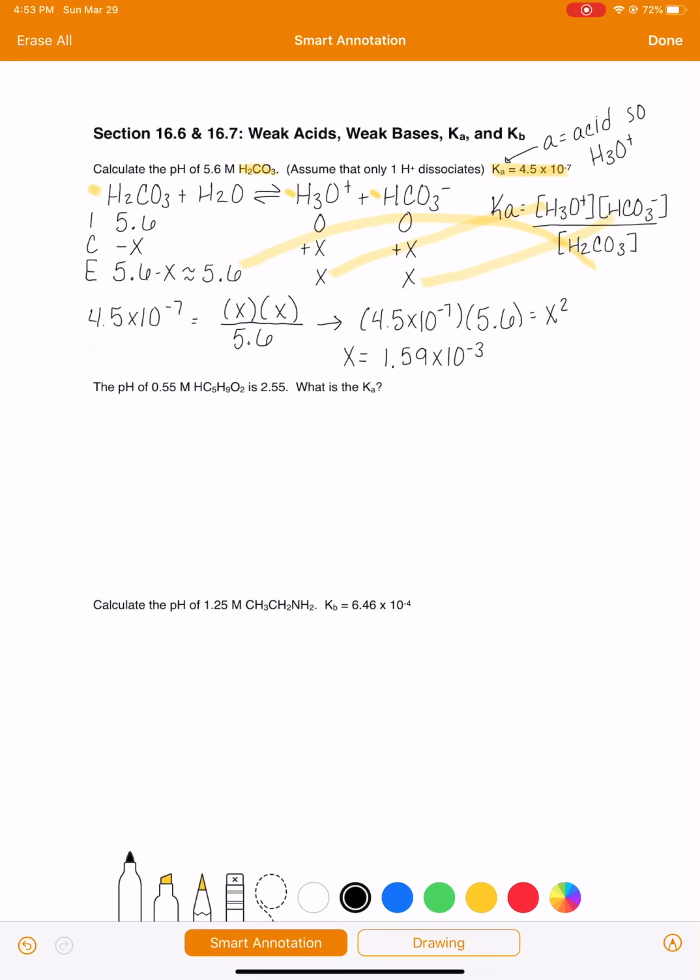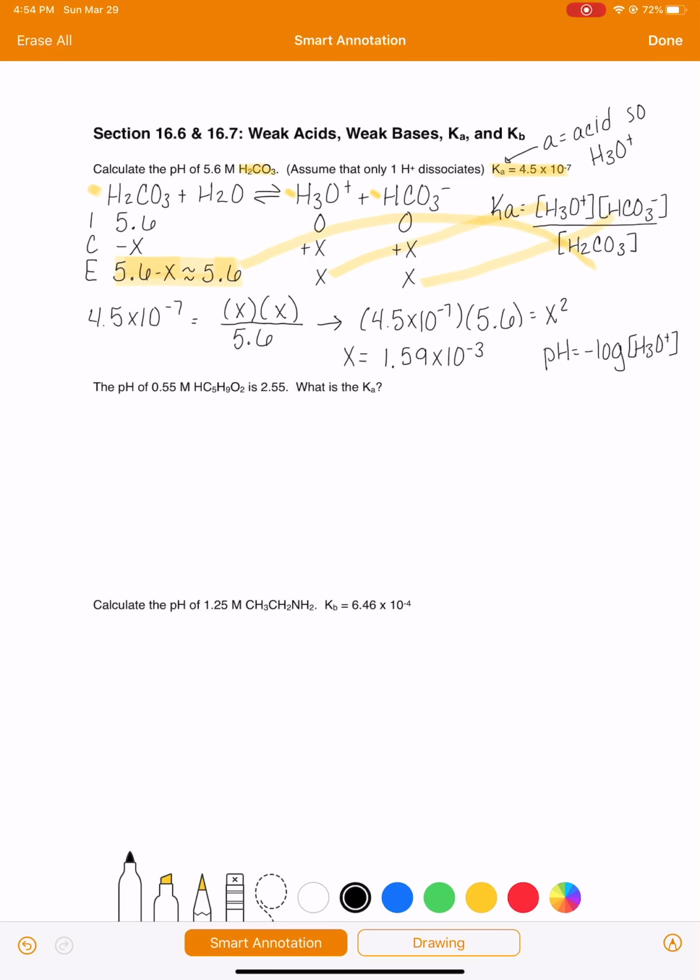If you want to look at the approximation that x is very small compared to 5.6, this approximation that we made is extra valid in this example. If we rounded our answer back to 2 sig figs, we would end up with 5.6. We are now ready to calculate pH. The pH is the negative log of the H3O plus concentration.